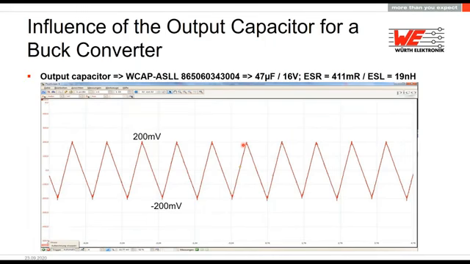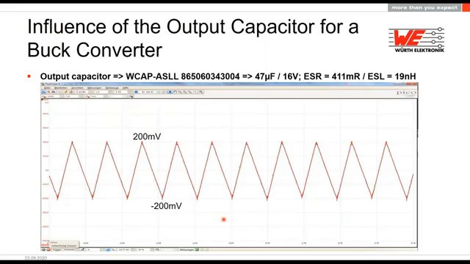I get more or less the same shape as the current going through the inductor. So I see these squares here. It's around 400 millivolt peak to peak. With a 5 volt output, that's more or less 10%. So this is quite high.